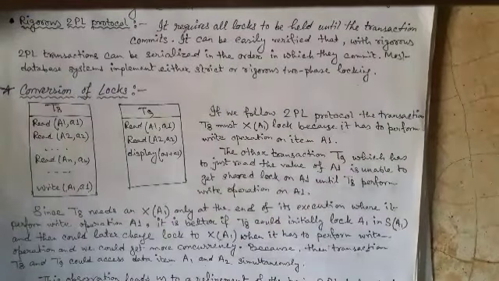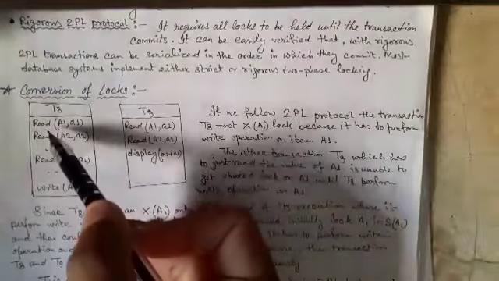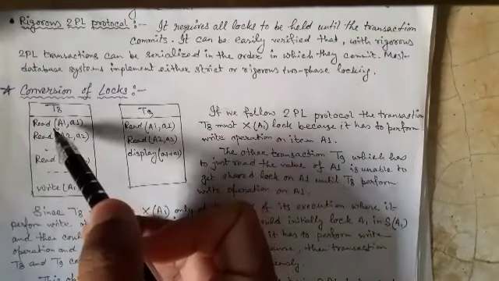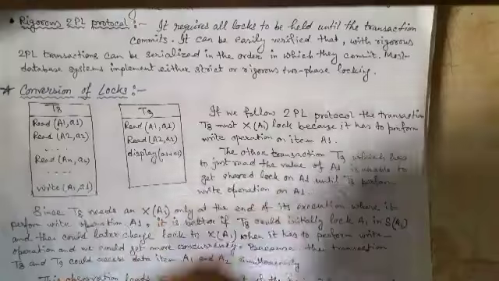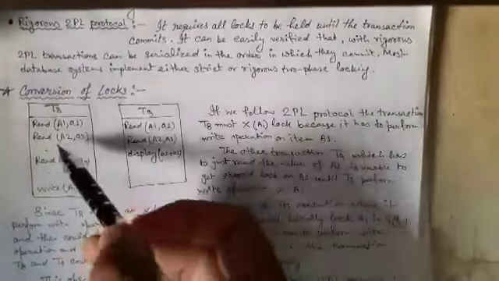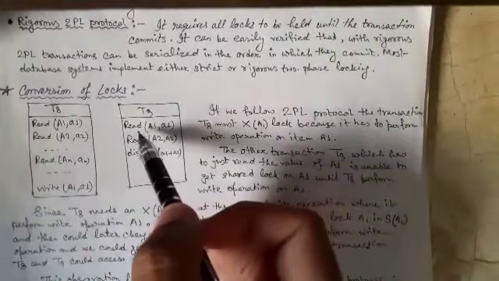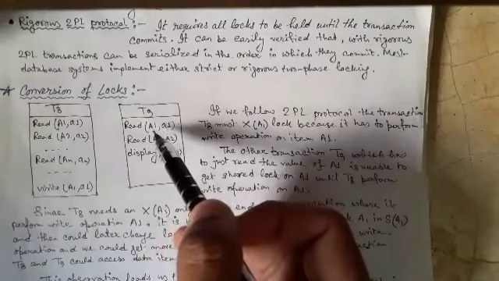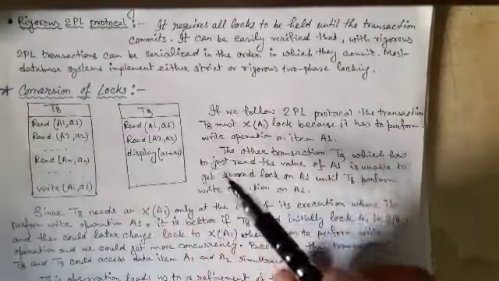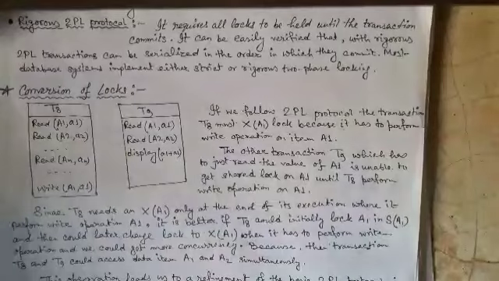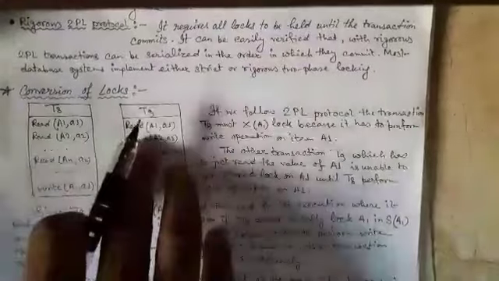Now if T8 holds the exclusive lock for A1, as it will write after some future time, then T9, which needs the shared lock for A1 and shared lock for A2 to display the sum of A1 and A2, will be held.